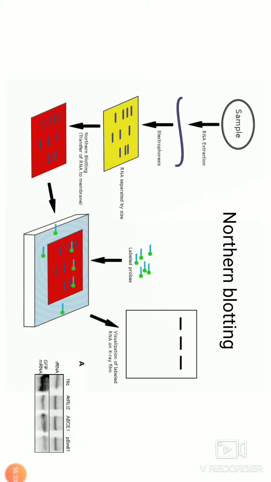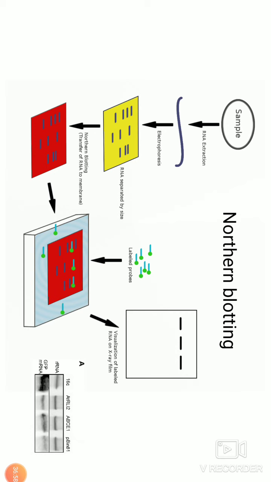Similar steps are there. Here RNA is isolated from several biological samples. Those samples can be different tissue samples, or the same tissue sample at different developmental stages. RNA is more susceptible to degradation than DNA. You have to be very careful, and the RNA extracted is loaded onto the gel. Here you have diversity of RNA.